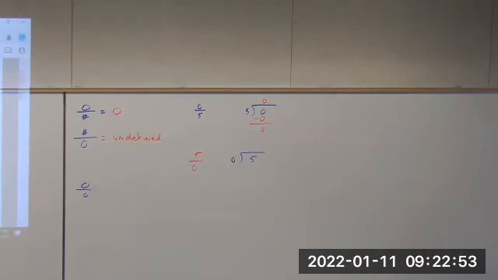By the way, this is kind of what your tests look like. The boxes are bigger. At the bottom of the box is where you put your answers, that kind of thing. I always grade work as well as answers, because sometimes your answer may be wrong, or maybe we're going to reduce it to lowest terms. So you get partial credit, 4 out of 5 instead of 5 out of 5, but you don't lose everything.